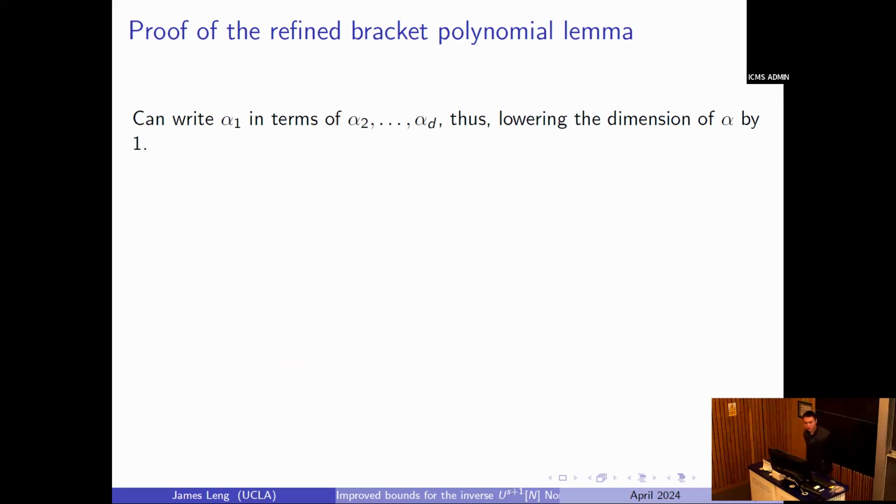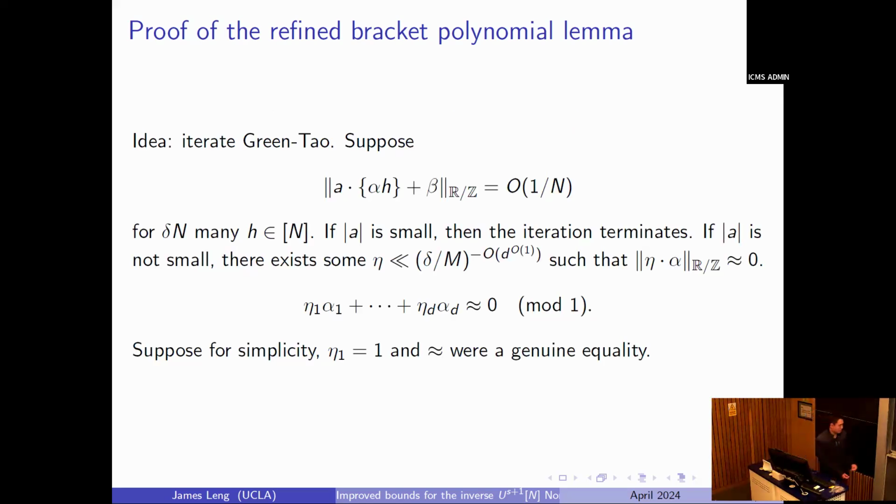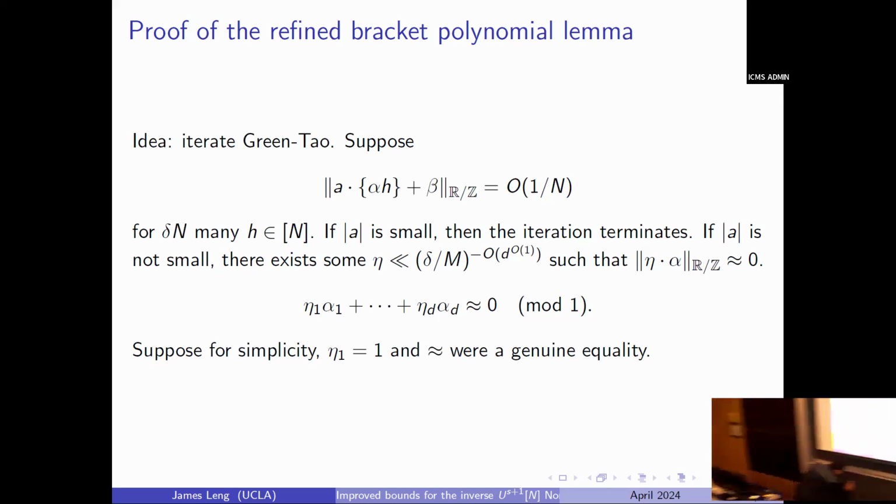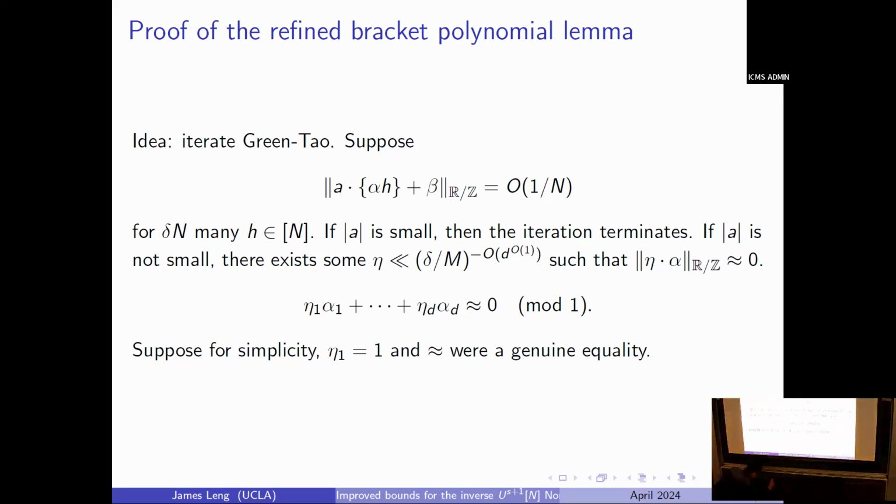What you do is you write alpha 1 in terms of alpha 2 to alpha d. So I have alpha 1 plus eta 2 alpha 2 plus eta d alpha d is equal to 0 mod 1. And what I could do is write alpha 1 as minus eta 2 alpha 2 minus eta 3 alpha 3 minus eta d alpha d.